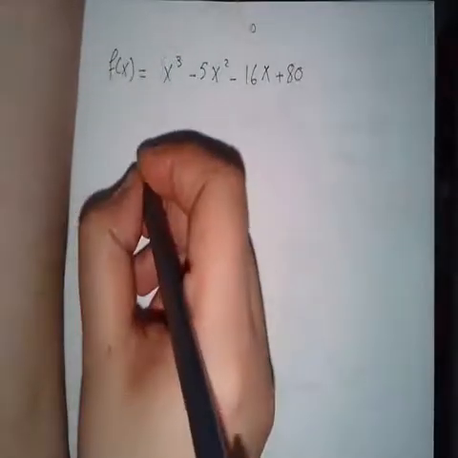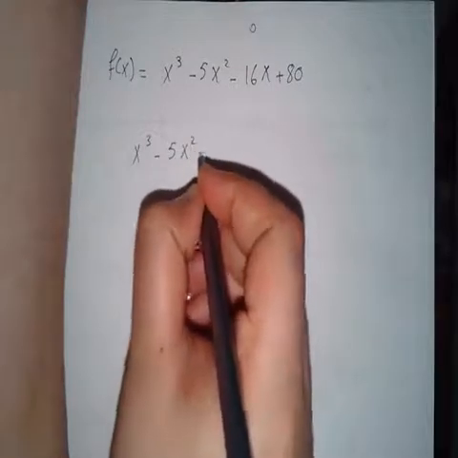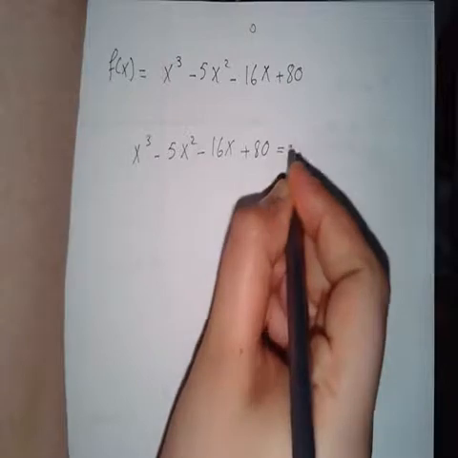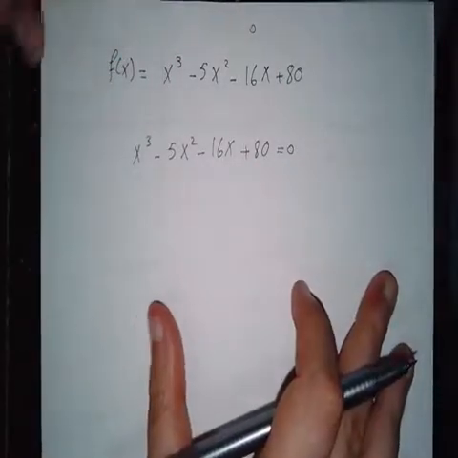So in order to do that, all you have to do is basically set the function itself equal to 0, hence the name, and solve for x. That's all you need to do.